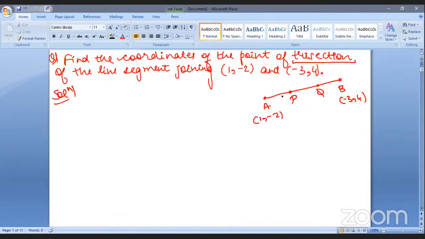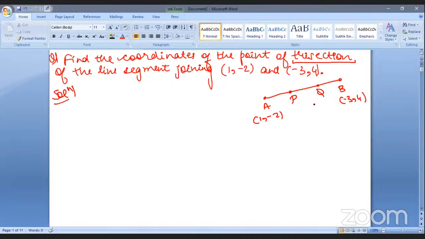Definitely, we cannot find both simultaneously. But yes, I don't know who said it, but I just thought, I don't know if it would be right or not, but what if we take AQ as a line and P as a midpoint of it, and then apply the midpoint formula, so that we can get our point P. Then afterwards, if we take PB as a line segment and Q as a midpoint, and by applying the midpoint formula, we can get it.